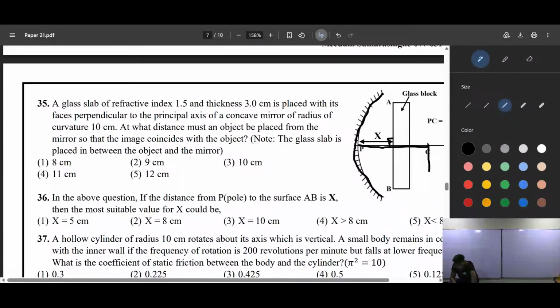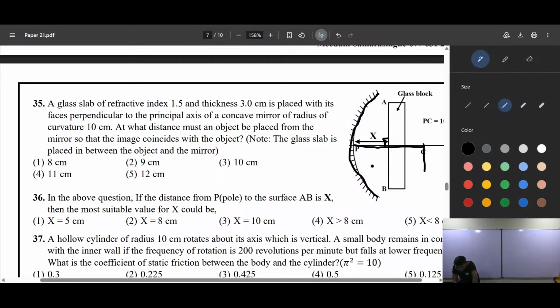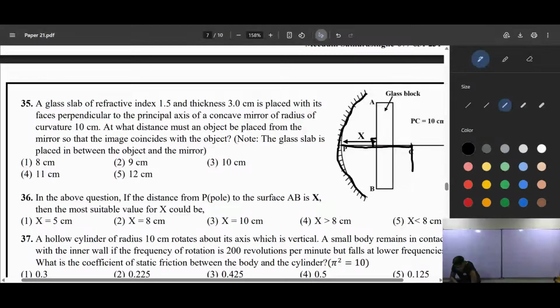At what distance must an object be placed from the mirror so that the image coincides with the object? Note the glass slab is placed in between the object and the mirror.